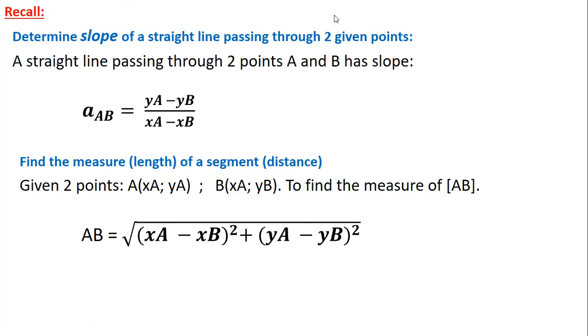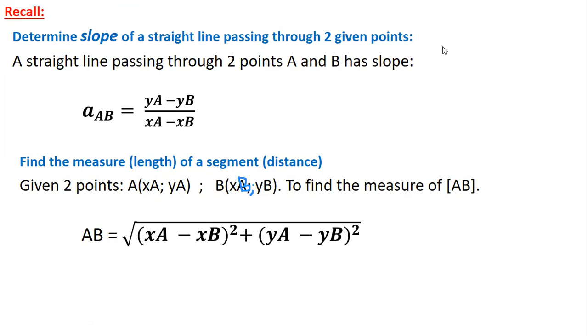This is a typing mistake. So let me correct it. So it should be XB. So this is B, of course. If I'm writing the coordinates of point B, they should be XB and YB. Again, sorry for this typing mistake. So B is XB, YB.